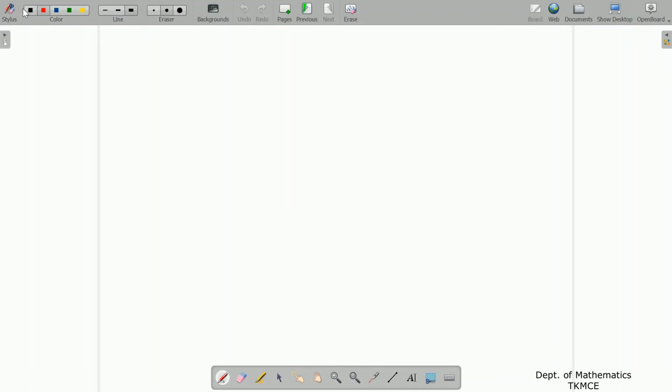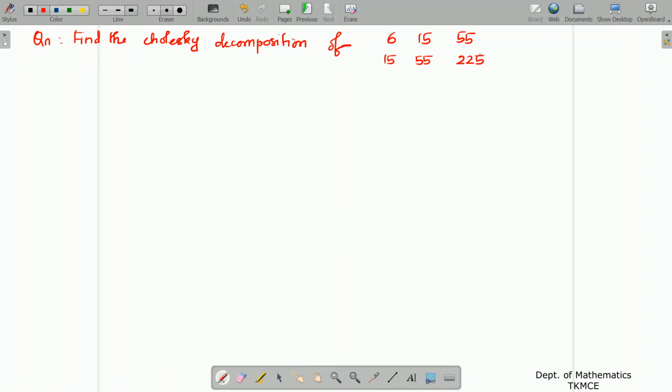The question is, find the Cholesky decomposition of 6, 15, 55 first row, then 15, 55, 225 second row, then 55, 225, 979 third row. So that is the question to get the Cholesky decomposition of this given matrix.